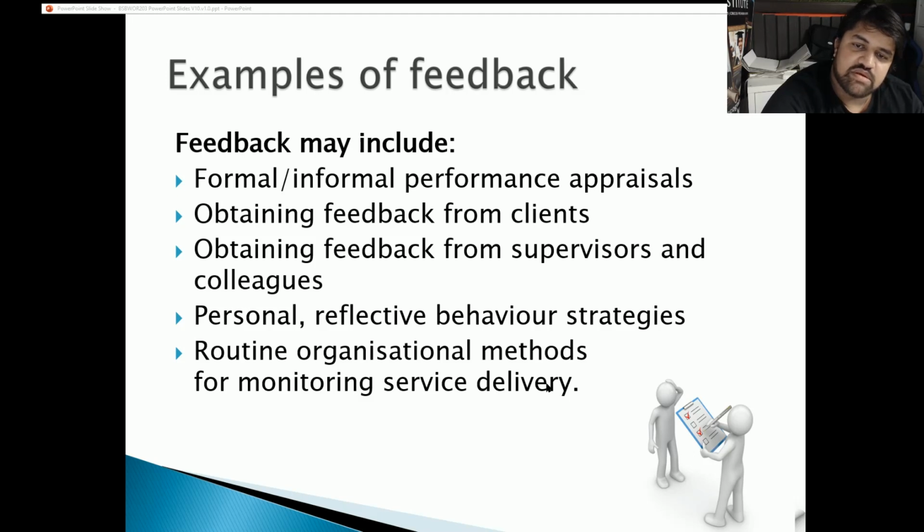Examples of feedback may include formal or informal performance appraisals, obtaining feedback from clients, supervisors and colleagues, personal reflective behavior strategies, routine organizational methods for monitoring service delivery. You could also use recordings to observe and document their day-to-day tasks, and compare with other employees to see how much the employee is producing or the output or product.